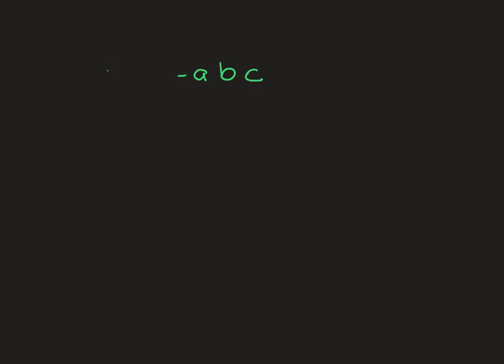So this looks super weird to you. What's happening is that a and b and c are all being multiplied together. And Khan Academy might say something like, okay, now pretend that c is actually less than 0, which means that c is negative, right? That means c is negative.